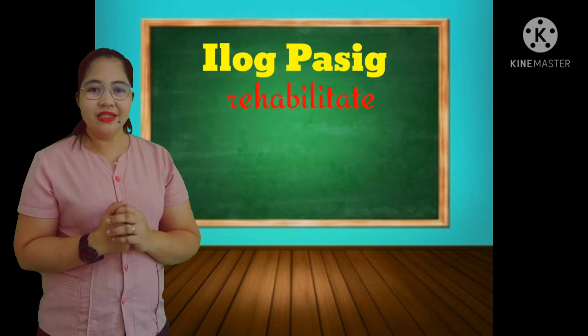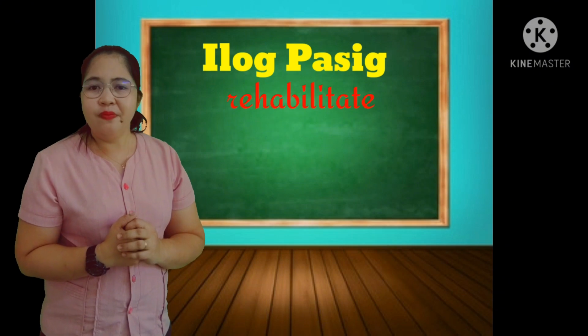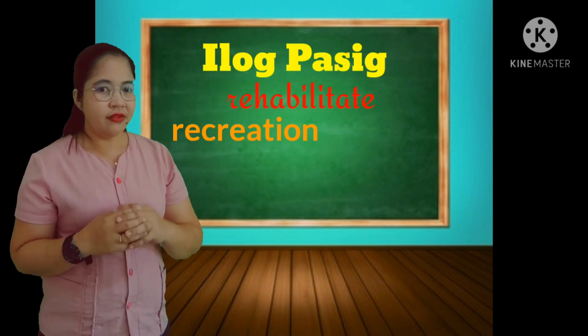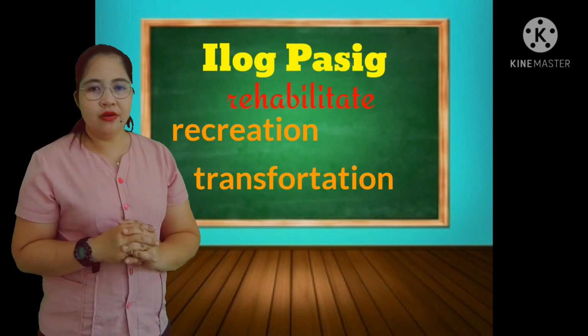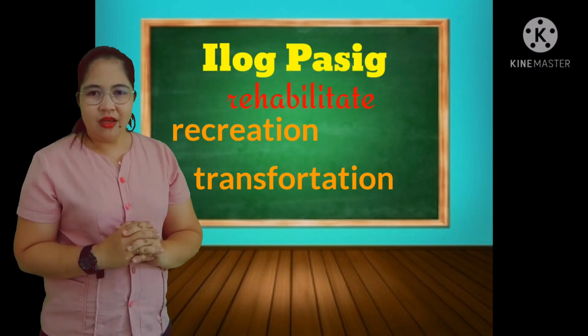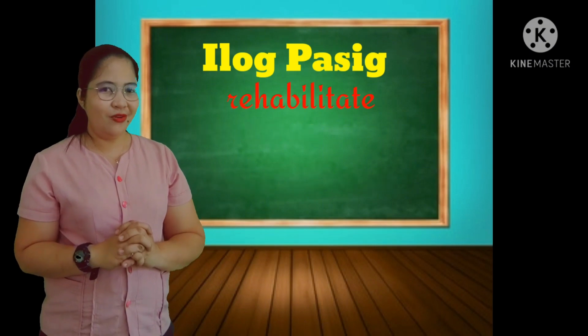Its purpose is to rehabilitate the Pasig River to its previous pristine condition for recreation and transportation, and until now it is pushed by our President Rodrigo Roa Duterte, the government official, to rehabilitate the Ilog Pasig.